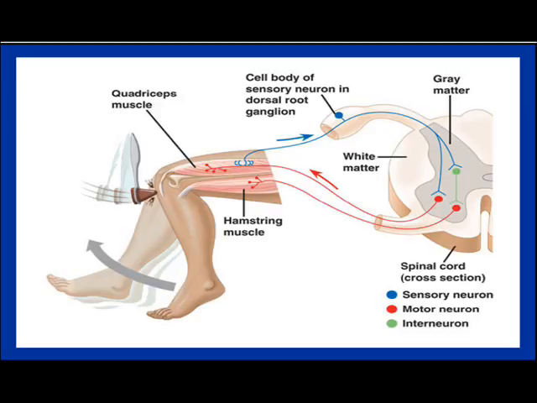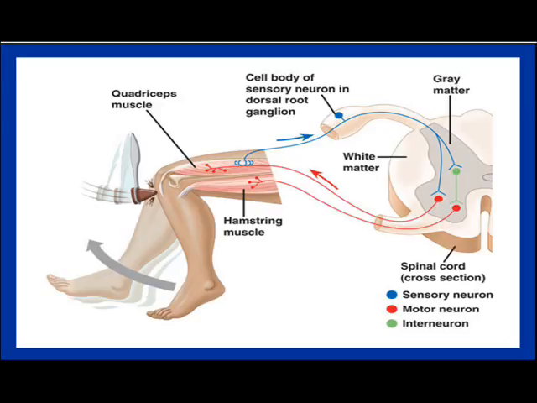And the information is going up the sensory neuron, afferent neuron, into the spinal cord. That afferent neuron synapses onto an interneuron in the grey matter of the spinal cord, which synapses straight onto an alpha motor neuron, goes back out to the quadriceps, and the leg will go out. Okay?